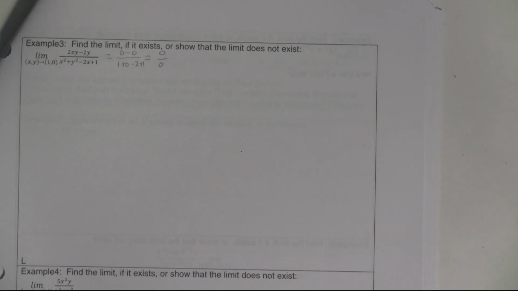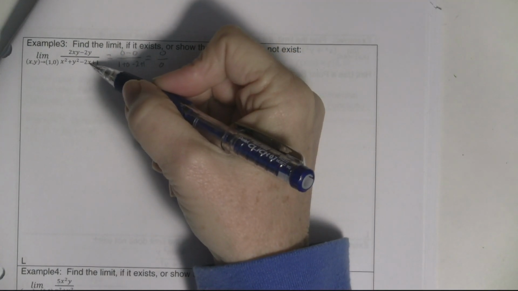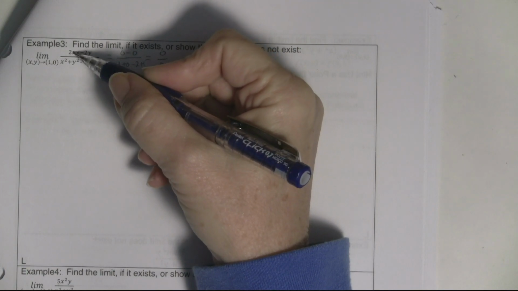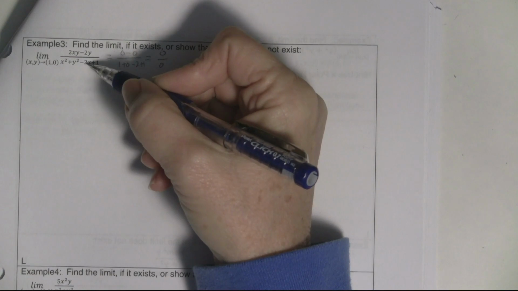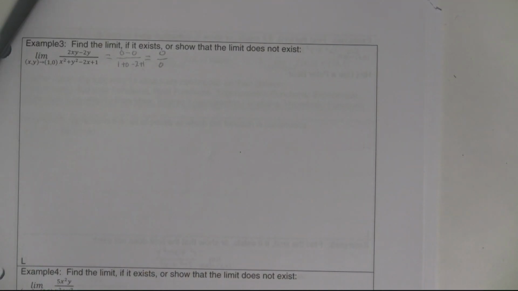I'm not sure that I could factor that, particularly the bottom. The top looks like it has a common factor of y, but definitely there's not a common factor of y in the denominator. So that makes me start suspecting that I can't factor it.